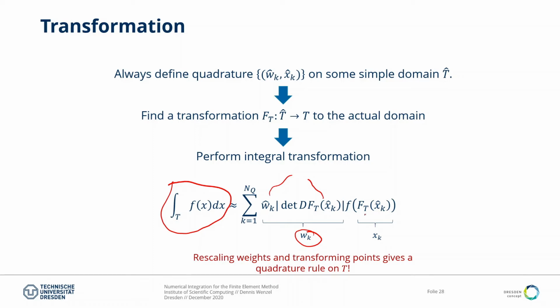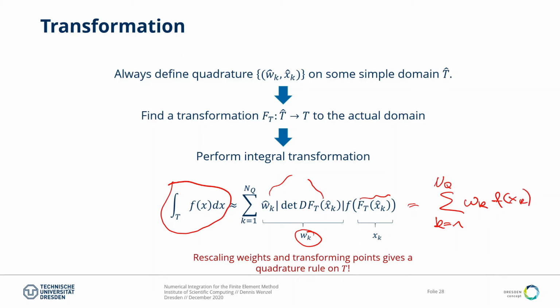And those new points where you evaluate your function f are given by the transformation of the points on the reference. And that, again, if you define your w_k and your x_k like this, is just the usual form of a quadrature rule. So that's w_k times f of x_k.